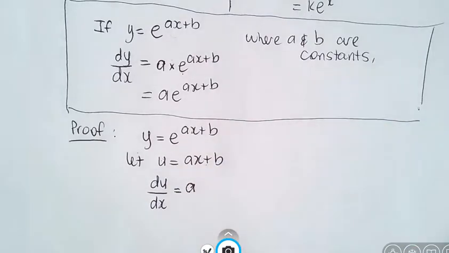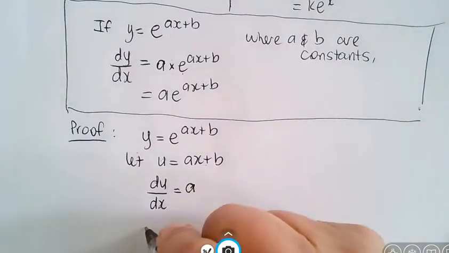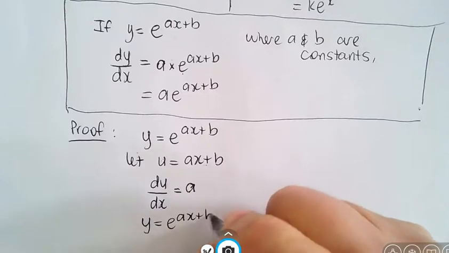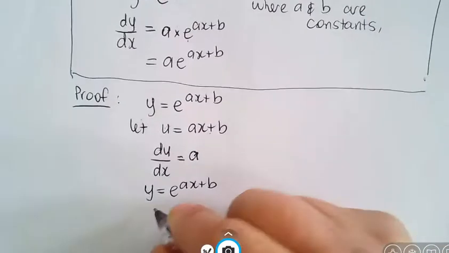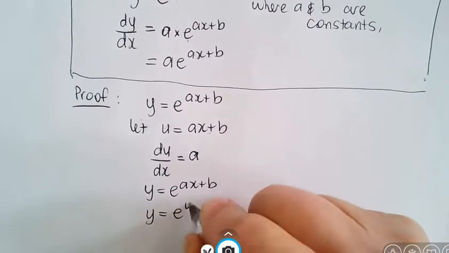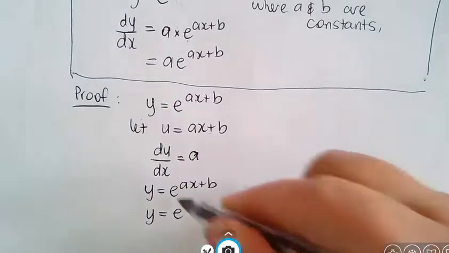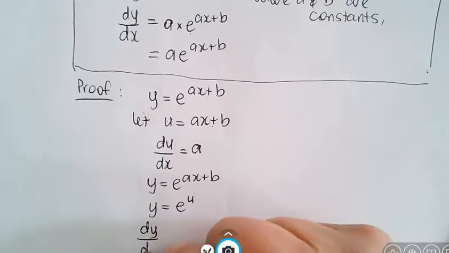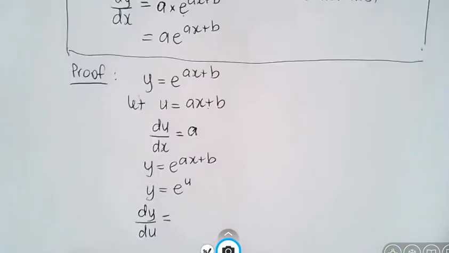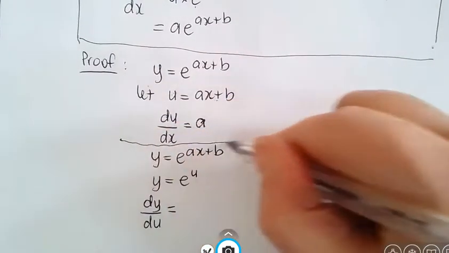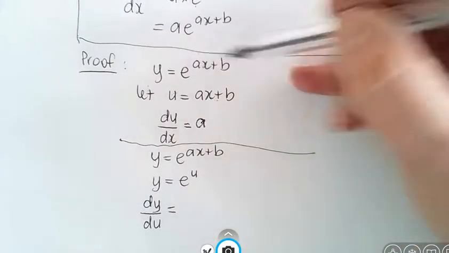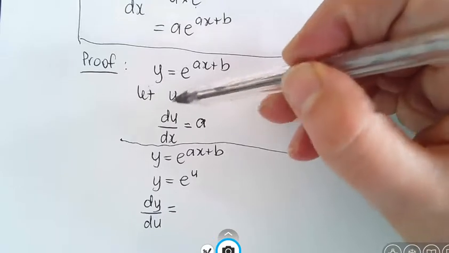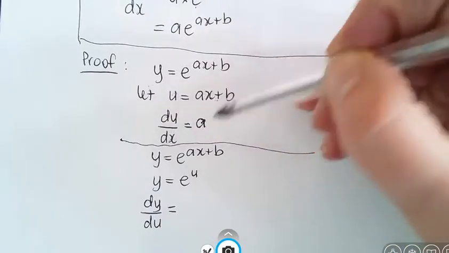Good. So if y equals e to the ax plus b and I let u equal ax plus b, doesn't y equal e to the u? Yes. So what's dy/du? I let u be the power, so I'm just doing du/dx here and I get a.